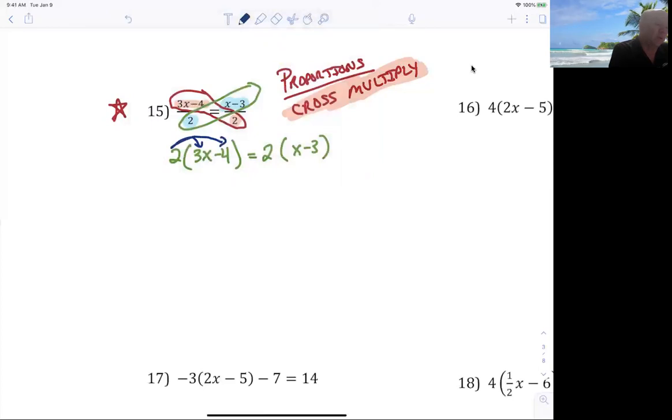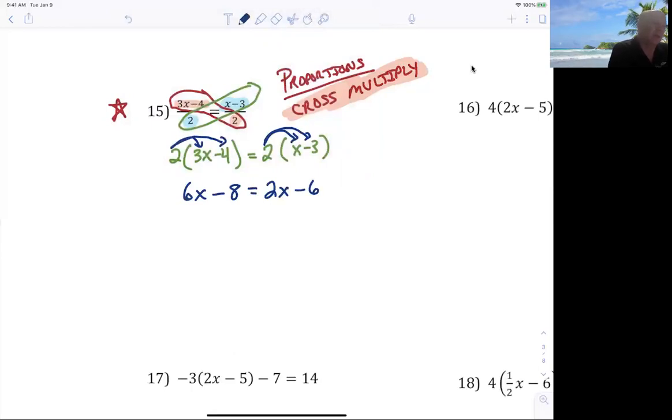When we distribute, we end up with 2 times 3x, 6x. 2 times negative 4 is negative 8. Now I'm going to distribute the 2 over here. That becomes 2 times x, which is 2x, and 2 times negative 3, which is negative 6.